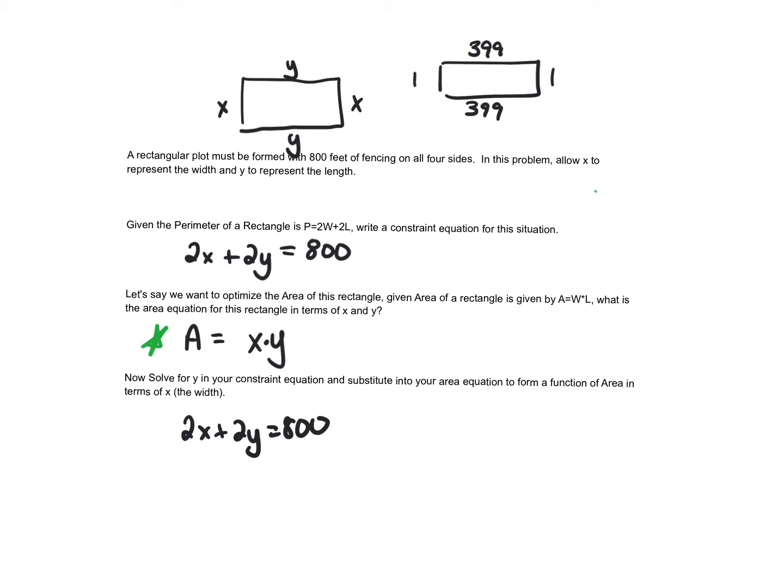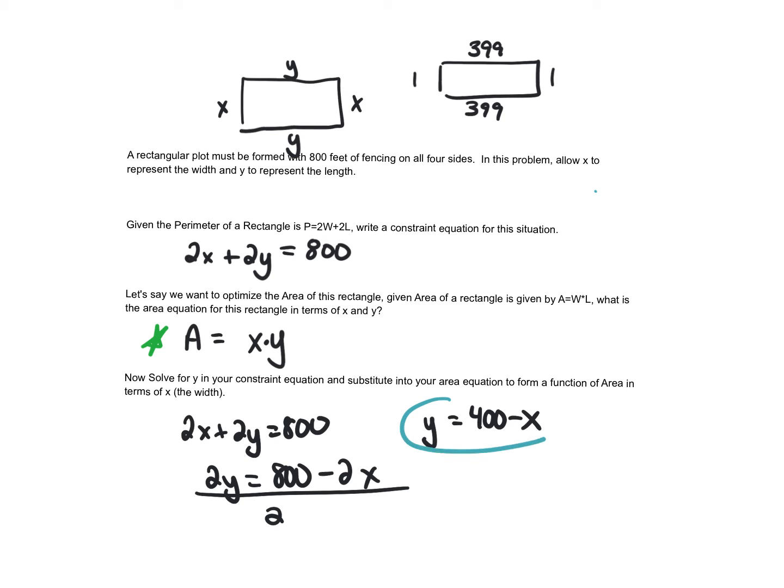So if we take 2x plus 2y, 2y equals 800 minus 2x, divide everything by 2, then y is going to equal 400 minus x, based on our constraint. Well, since we're trying to maximize the area, we'll just take this and we will plug it into our equation.